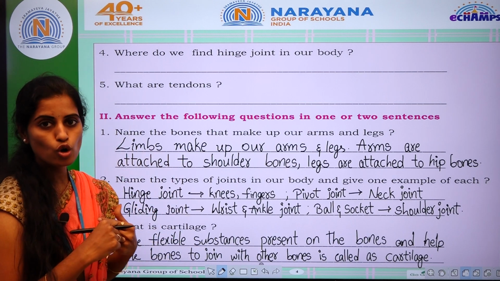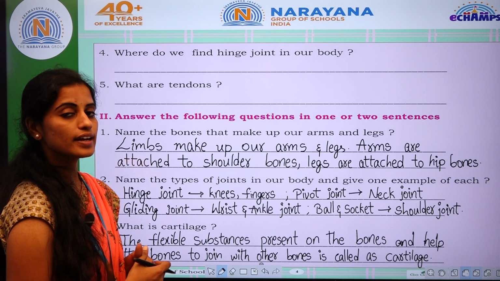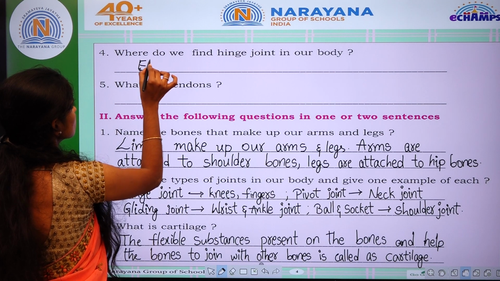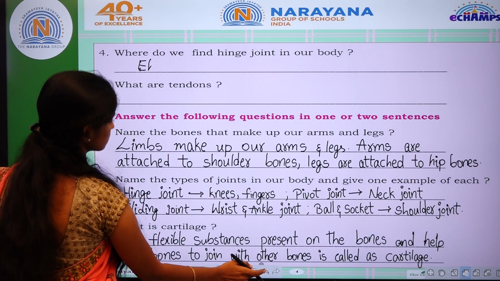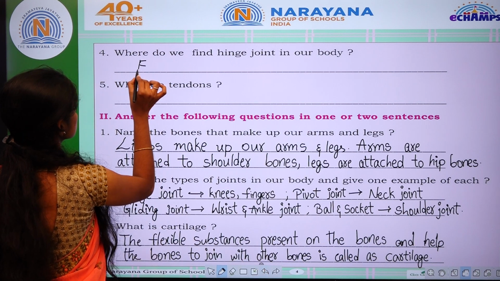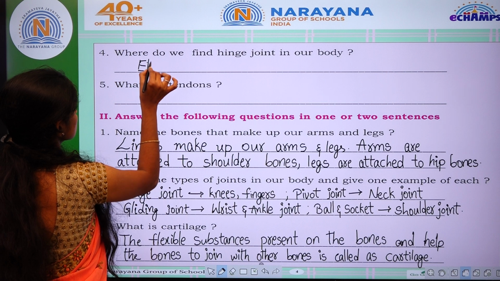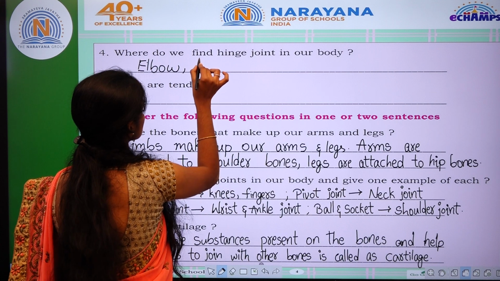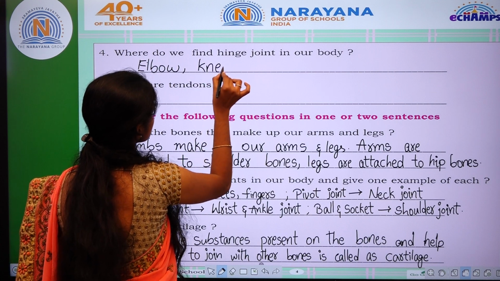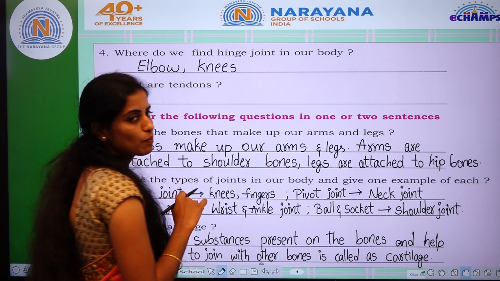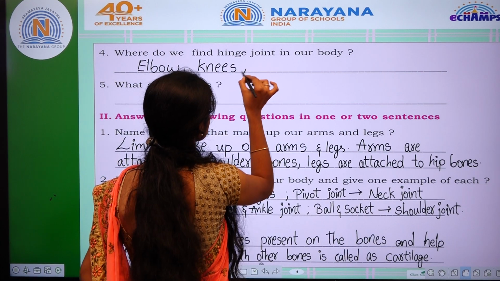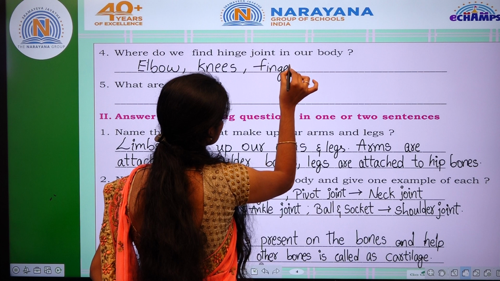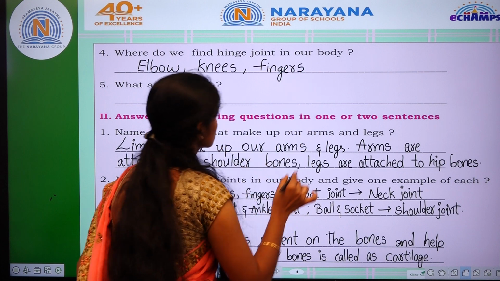They are the elbow, knees, fingers and toes. Okay? Elbow, knees and fingers, and toes.